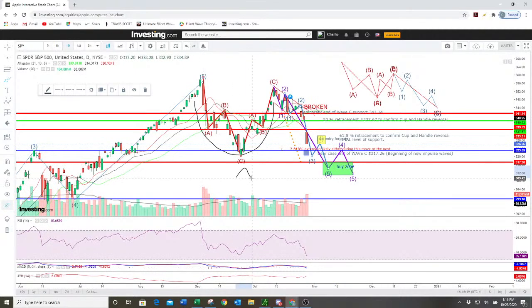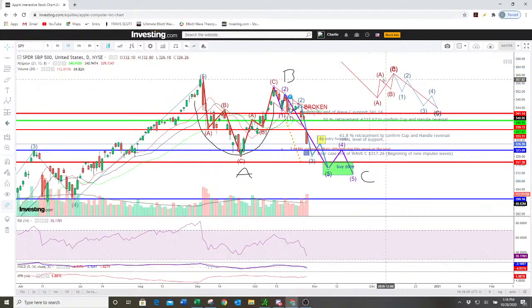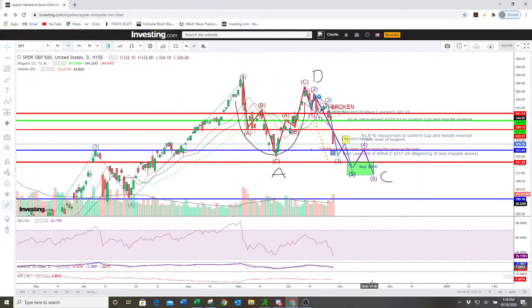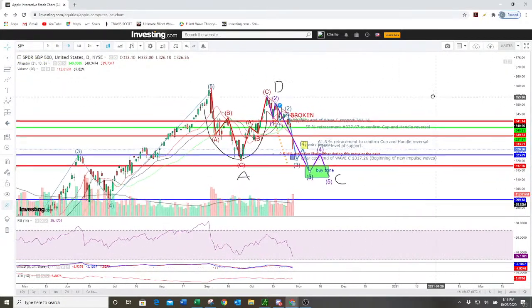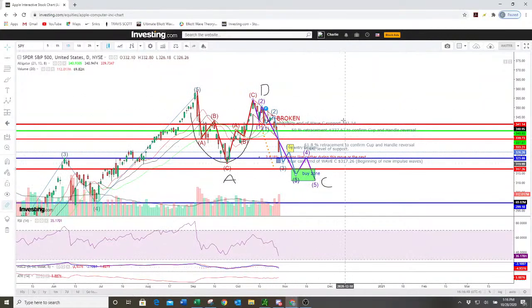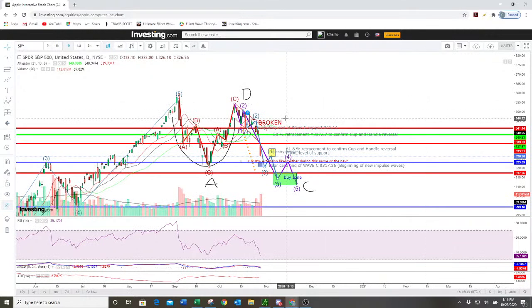If this is our bigger wave A, this is our bigger wave B, and over here we're going to have a wave C. What that means for us now is that we're going to start a new wave up. And again, not political at all, but the president-elect that we have is going to have a large say in whether we continue to bounce.